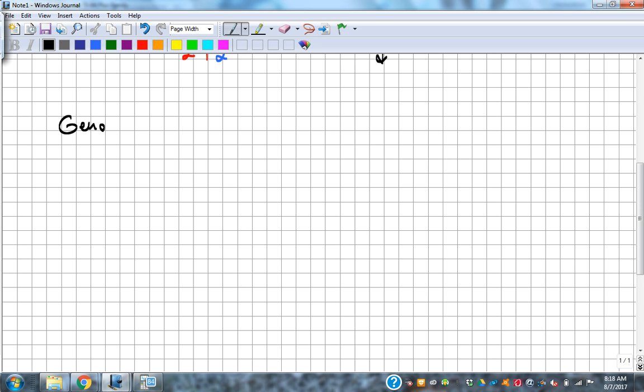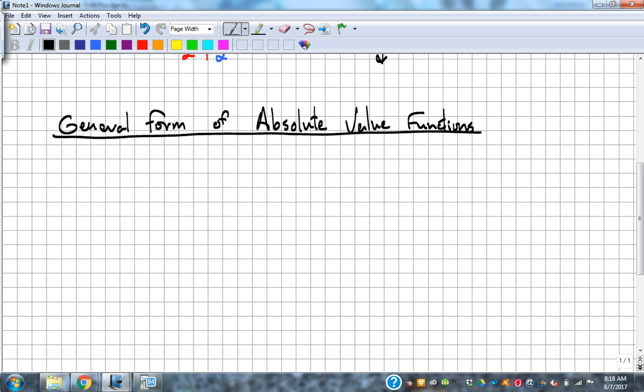So we're going to do the general form of absolute value functions. Okay, general form, absolute value functions. This is something you will need to know. And if I say you need to know it, that means I'm not going to give you the formula.